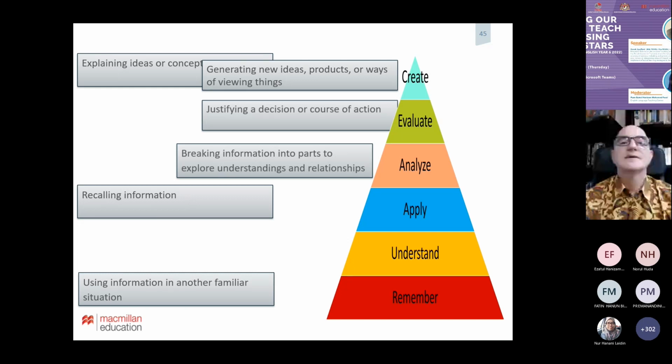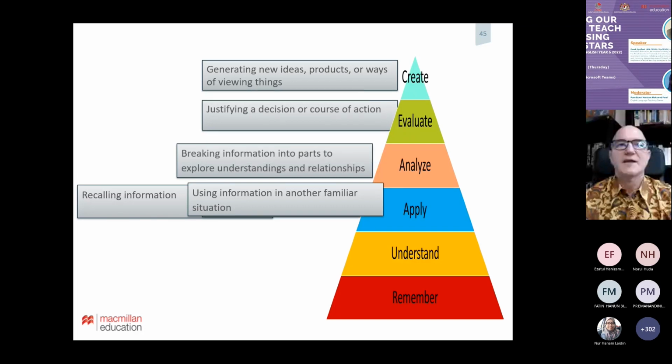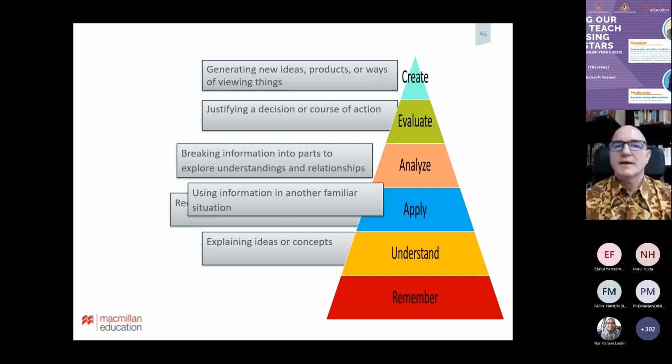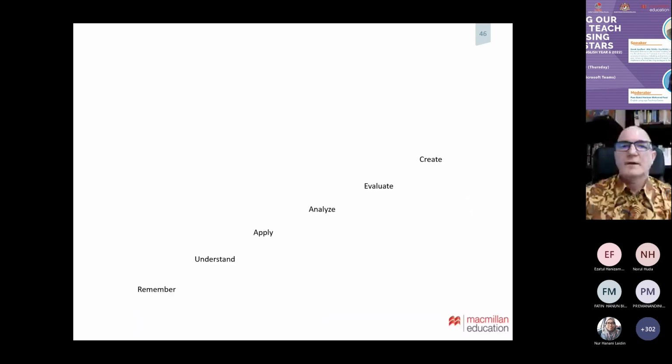Apply is using it in another familiar situation, understand is explaining, and the final one is recalling. So while they're all important, they do have different tiers on this pyramid.